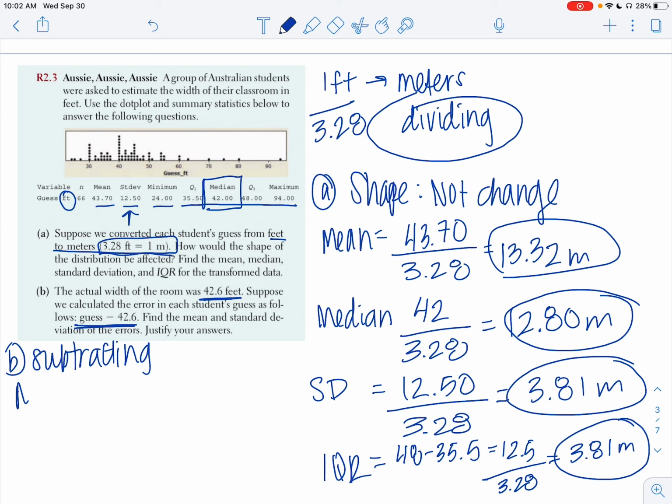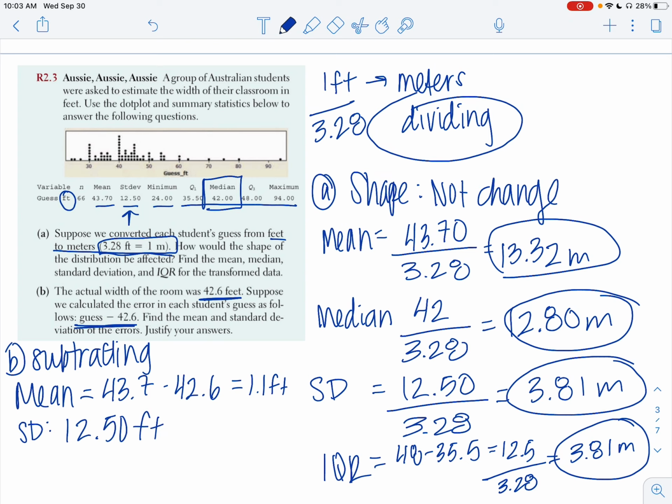The mean is going to be 43.7 minus 42.6. We're just subtracting the two things, and that's going to give us 1.1 feet. The standard deviation is going to stay the same at 12.50 feet.